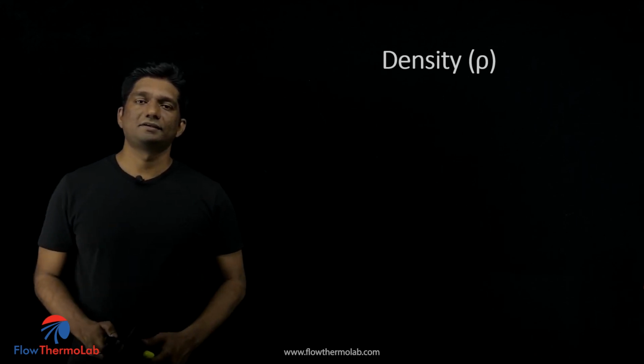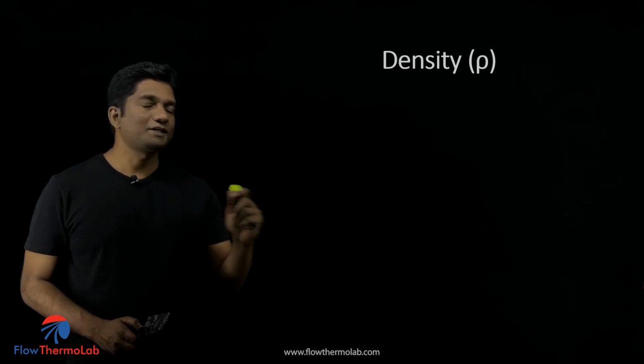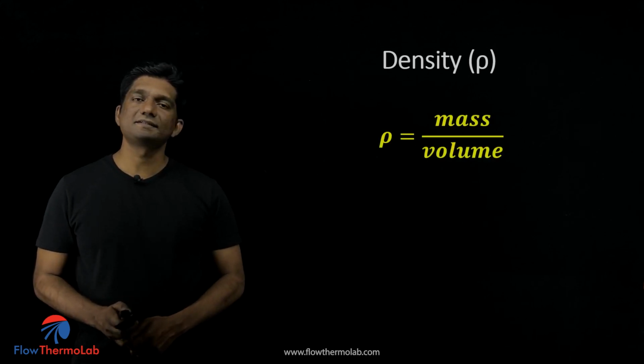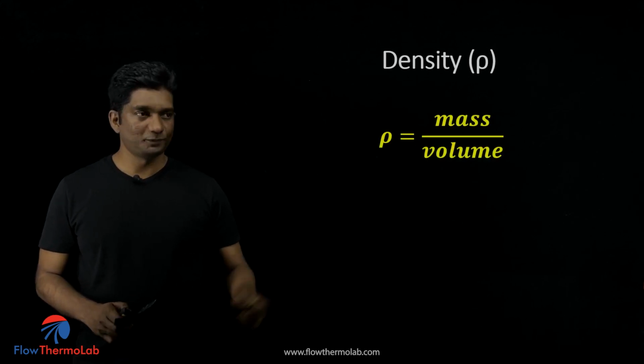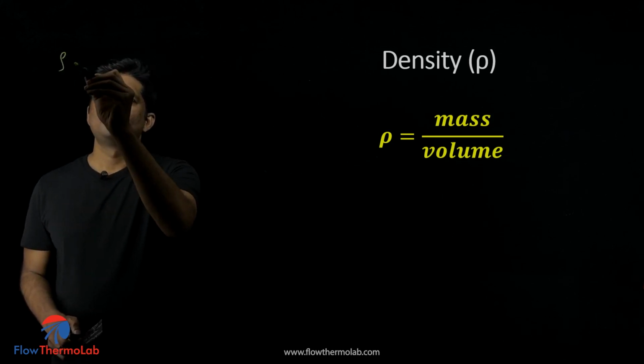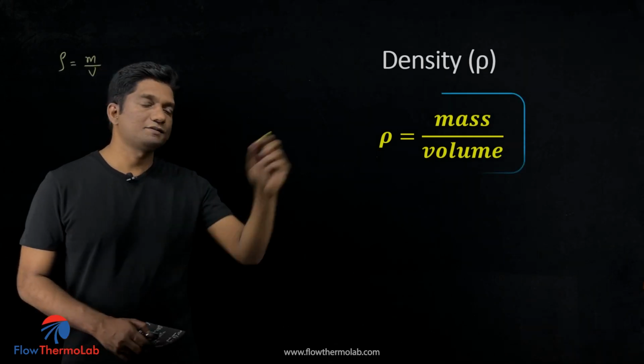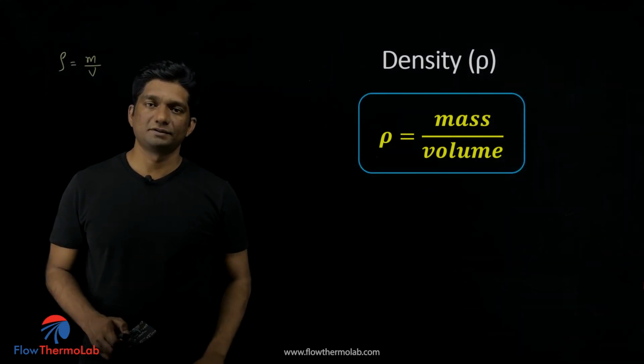You know this property, density. You learn it from high school itself. So what is density? Density is nothing but mass by volume, right? We represent density as rho, which is m by v, or mass by volume. Everybody knows this.